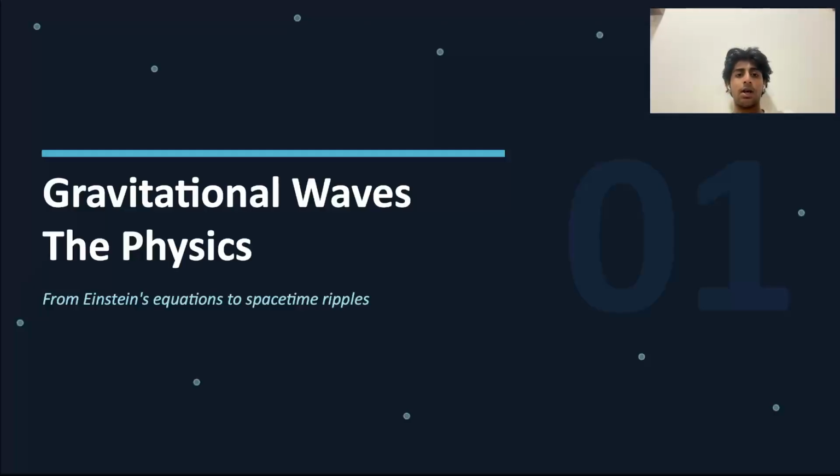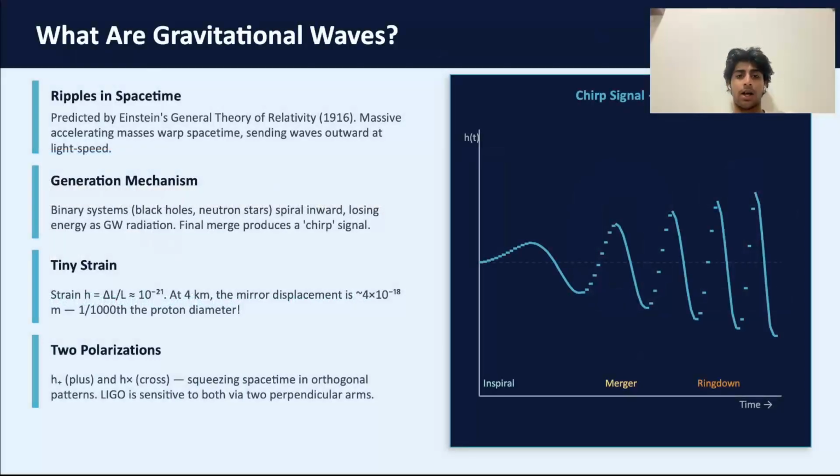Now let's understand what gravitational waves actually are. Gravitational waves are nothing but ripples in space-time, not through space but of space itself. As a wave passes, it stretches in one direction and squeezes perpendicular to it. When two black holes orbit, gravity requires them to radiate energy as gravitational waves, and the energy is drawn from the orbit itself.